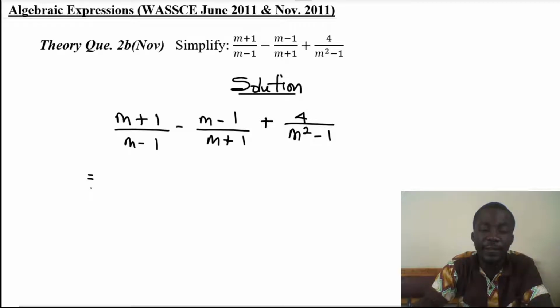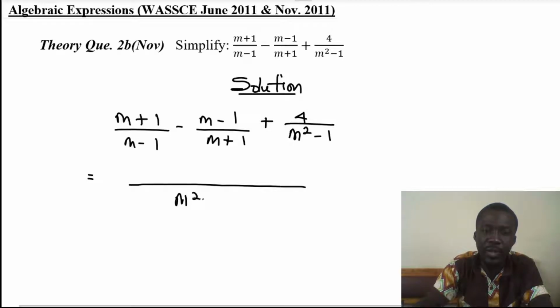We are going to find the least common denominator, and that one will be m squared minus 1. This m minus 1 can divide m squared minus 1, m plus 1 can divide m squared minus 1, and as well m squared minus 1 can divide itself.